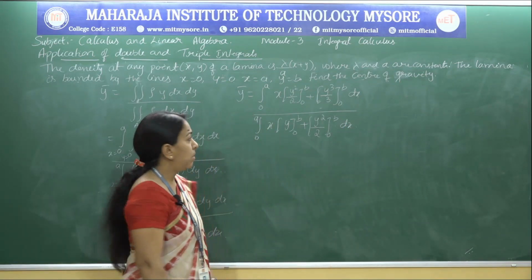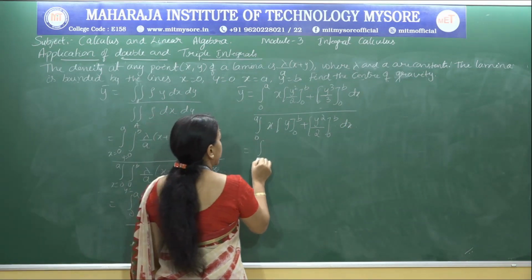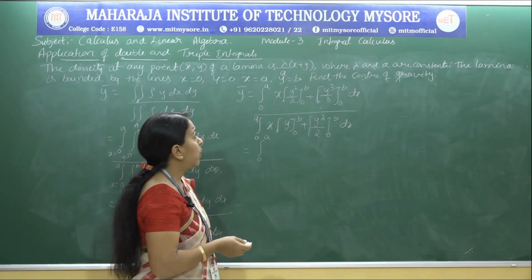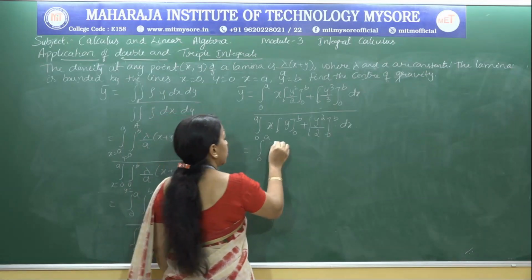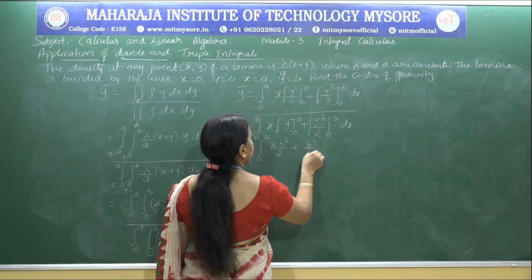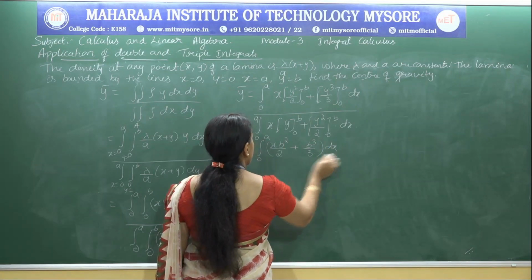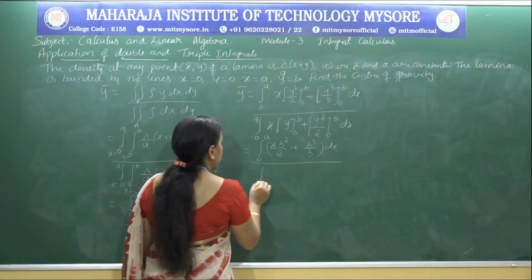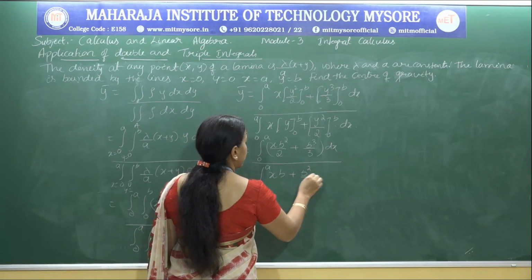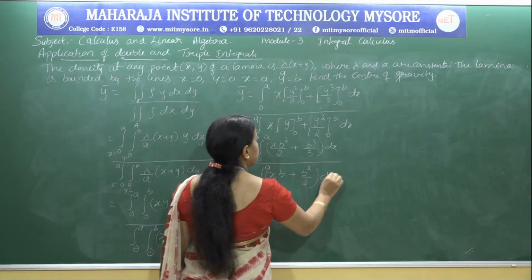Now apply the limit and simplify, that is integral 0 to a, if I apply the limit again we have x b square by 2, so the lower limit is 0, plus b cube by 3 dx, that is the numerator, whole divided by integral 0 to a of x b plus b square by 2 dx.